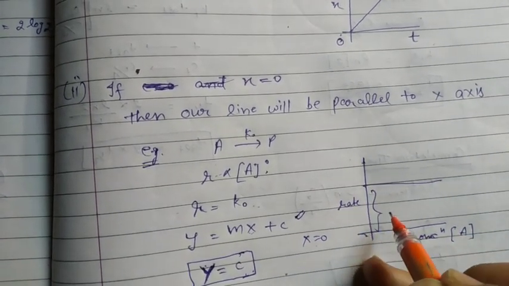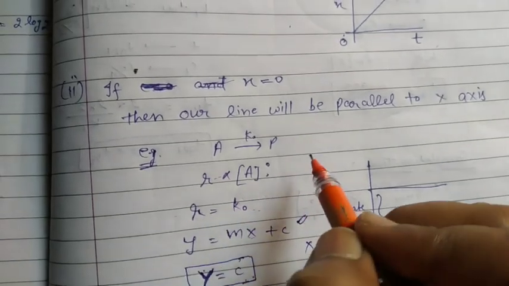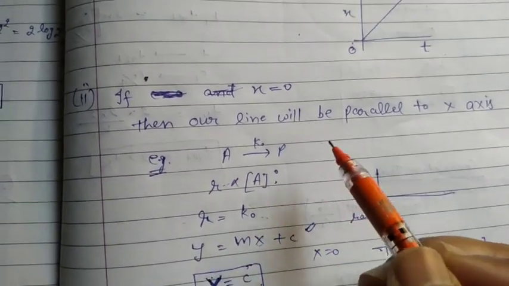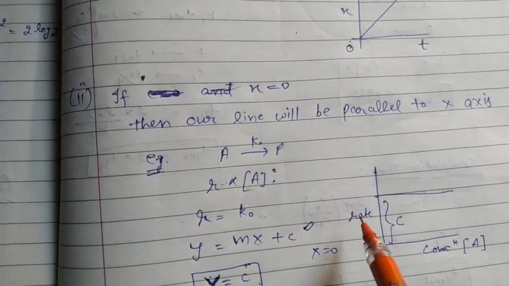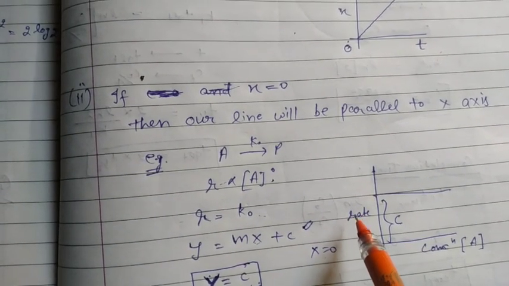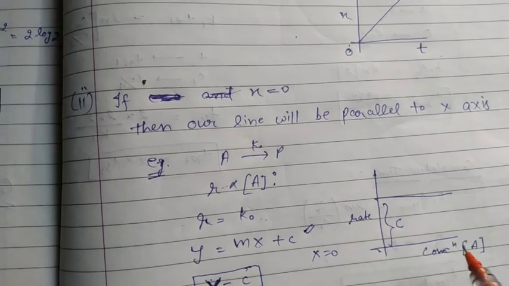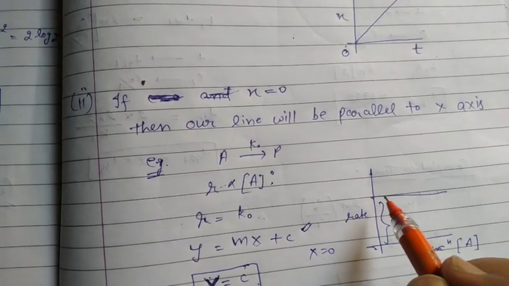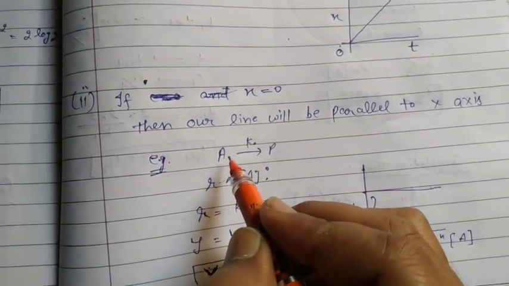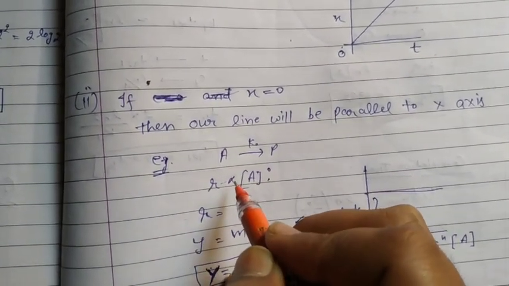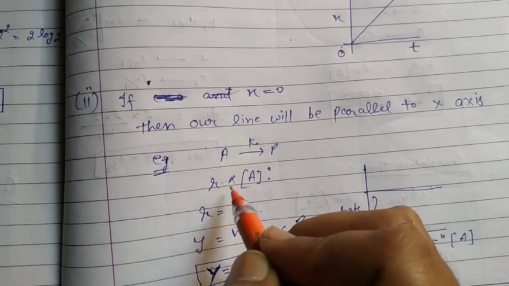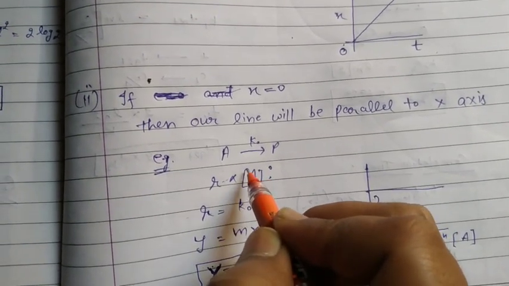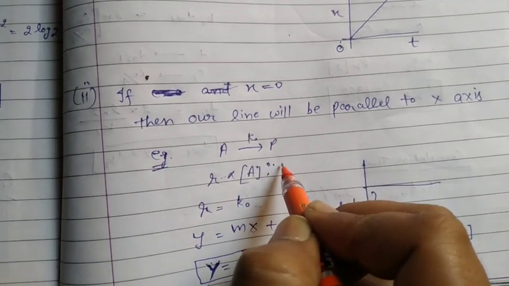This value represents the c, and the zero order reaction will represent these types of graphs. The graph between rate and concentration for a zero order reaction is a good example for this type of graph. See, this is the equation for a zero order reaction. Rate is directly proportional to the concentration of reactant raised to a power, and this will represent the order.